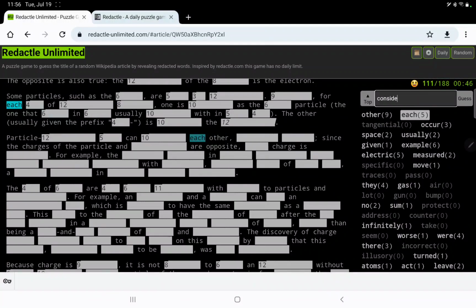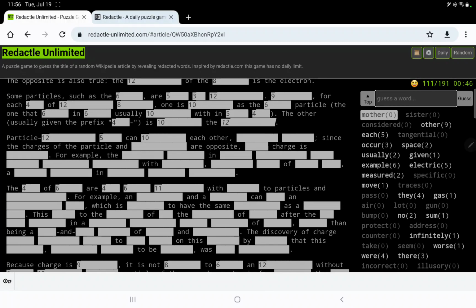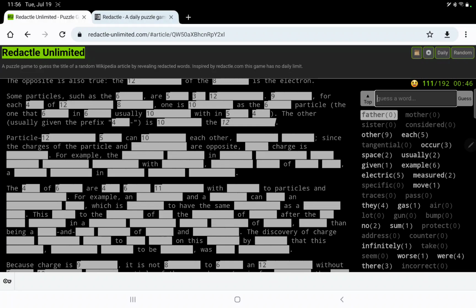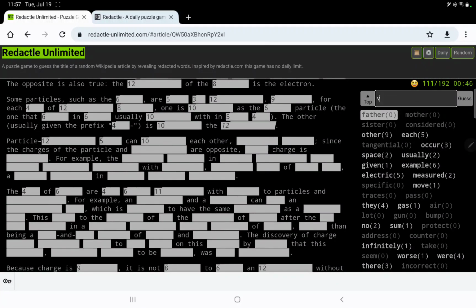One is considered as... No. One is something as the something particle. Is it something like sister particle, mother particle, father particle? No. There was some other common word I was going to try there, but oh, I was going to try vacuum.